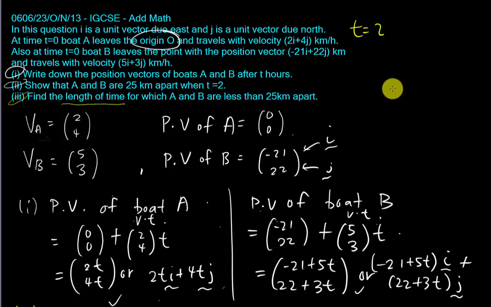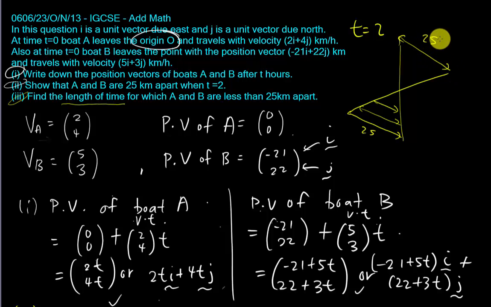I guess the particle paths are something like this. Here they are 25 km apart, and from here onward their distance is less than 25, obviously. Then they will cross over, and at the end they will again be 25 km apart here. So the question is trying to say, how long is the time here when they are less than 25 km apart?